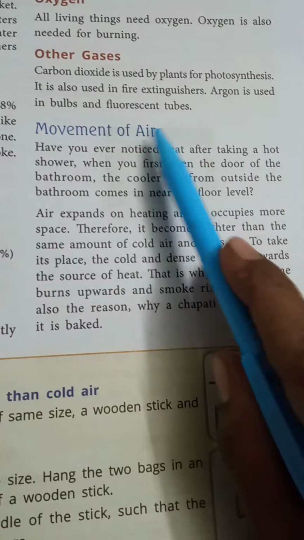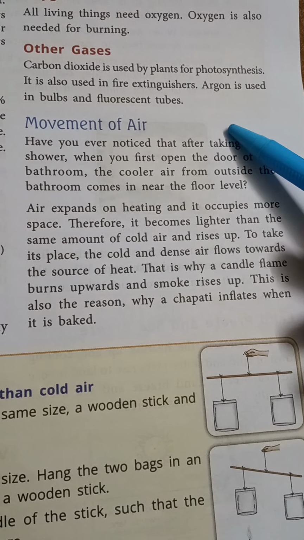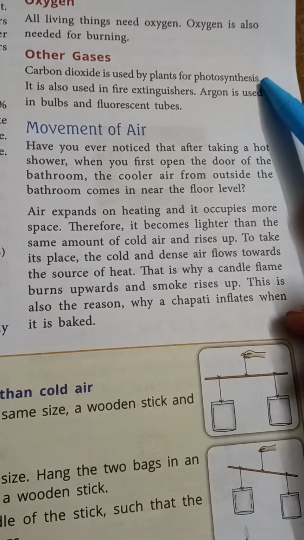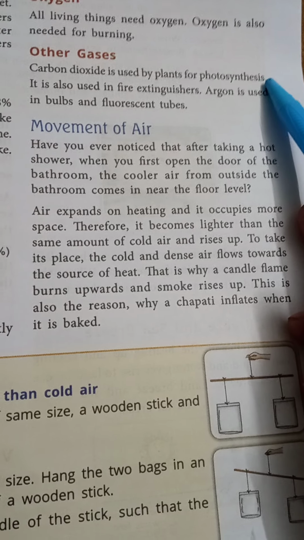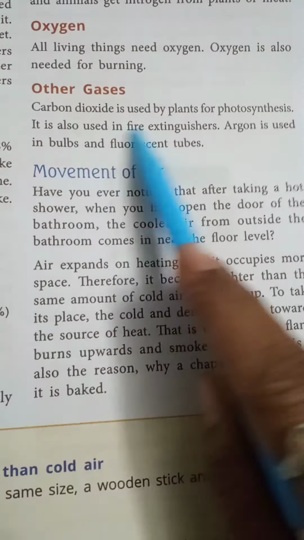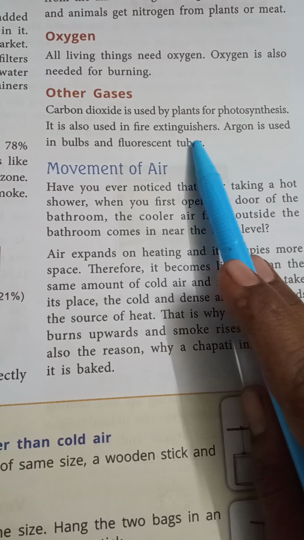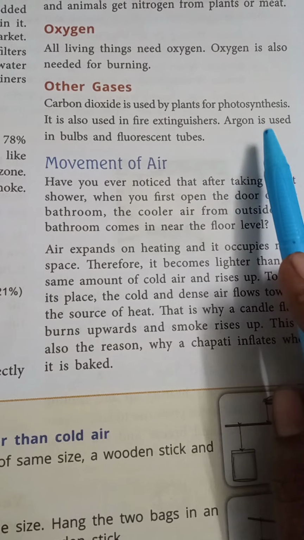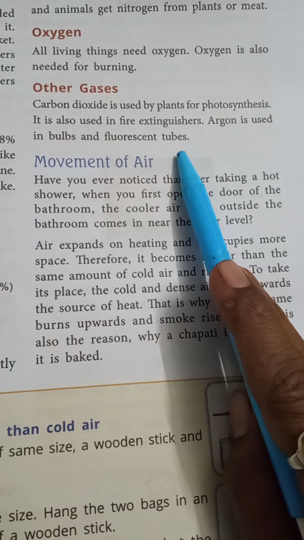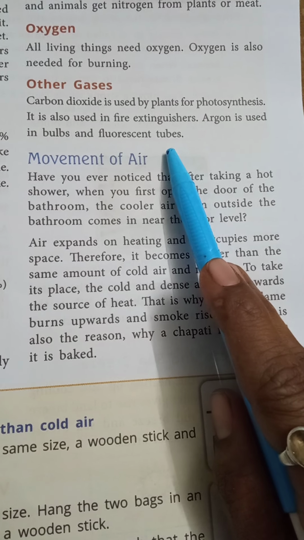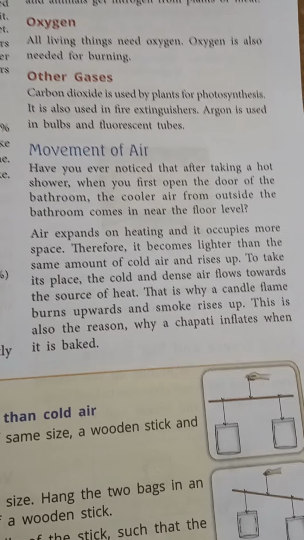Other gases, meaning carbon dioxide: carbon dioxide is used by plants for photosynthesis, the process of making food. Plants use carbon dioxide to make food. It is also used in fire extinguishers. Argon is used in bulbs and fluorescent tubes.